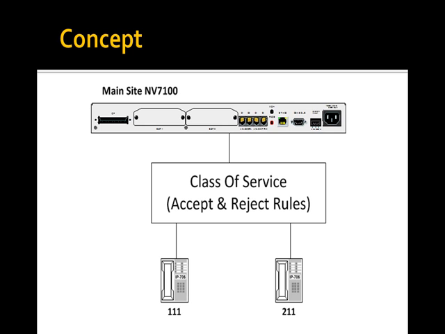So if I'm assigned to the open class of service, I being extension 111, then I am able to do everything the class of service for open is able to do. If I am assigned to a class of service called restricted, then I'm only allowed to do what restricted is allowed to do. Okay.